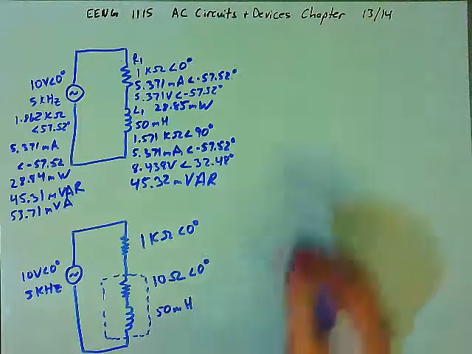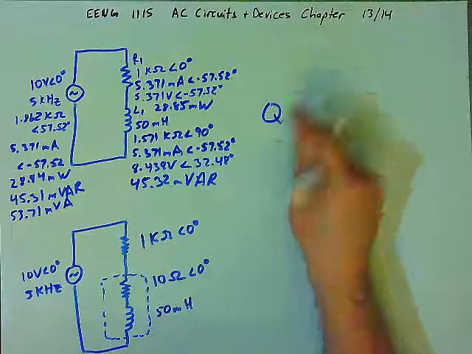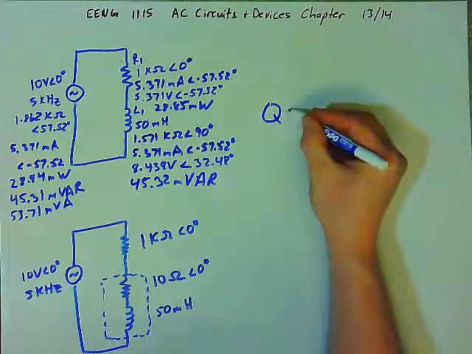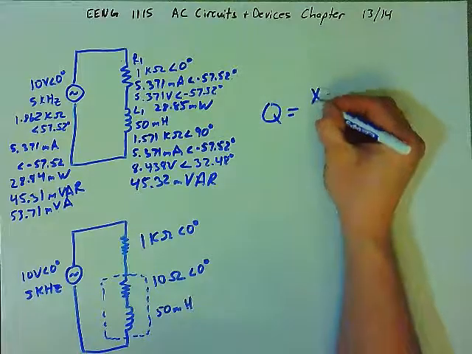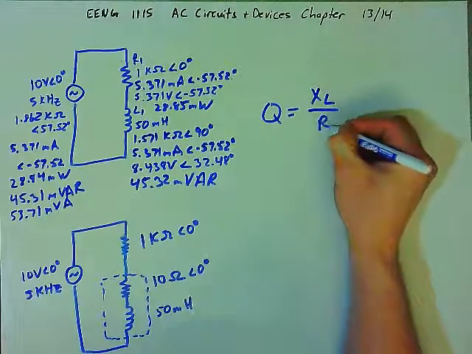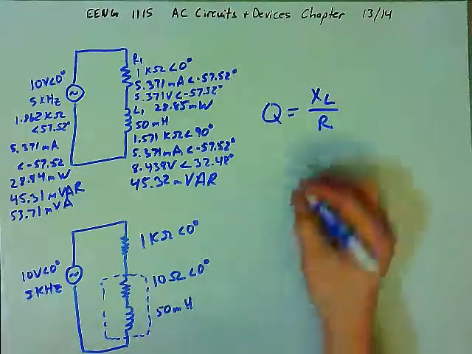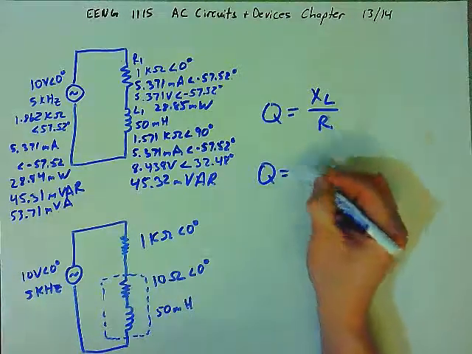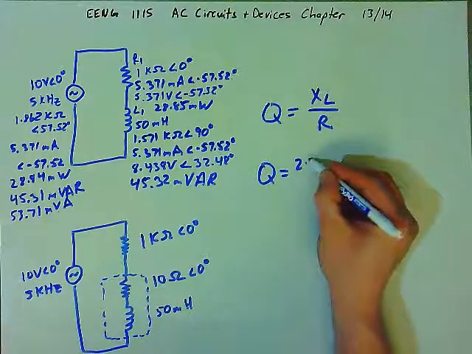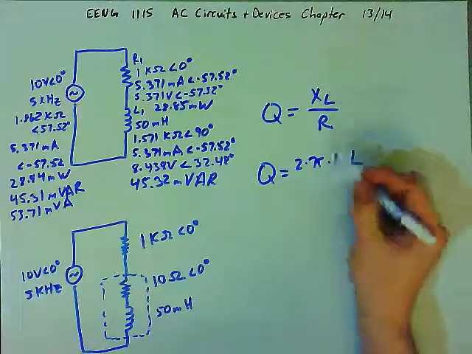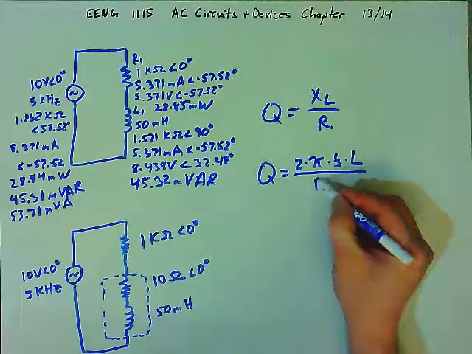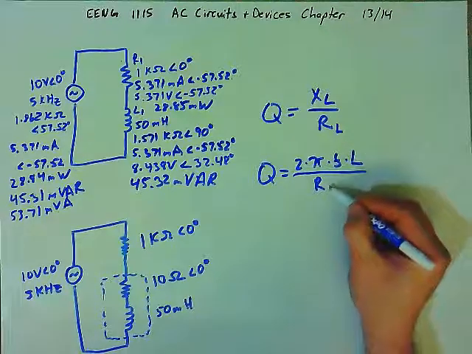The inductor has what we call a Q rating, which stands for quality. The quality of the inductor is described as the inductive reactance divided by the resistance. So for this example, Q will be the inductive reactance, which is 2 times pi times the frequency times the inductance, that's X sub L, divided by the resistance of the inductor.